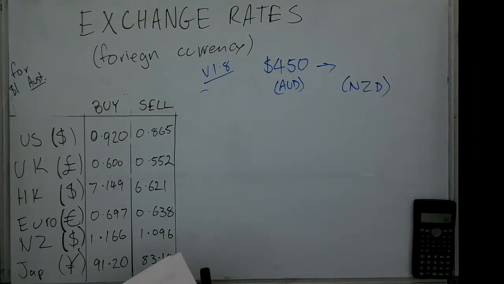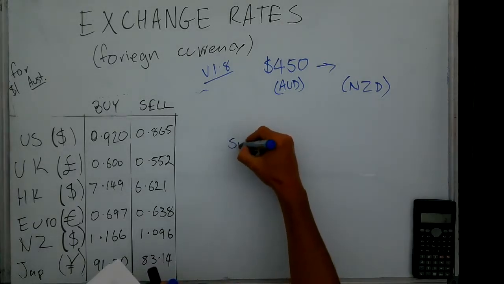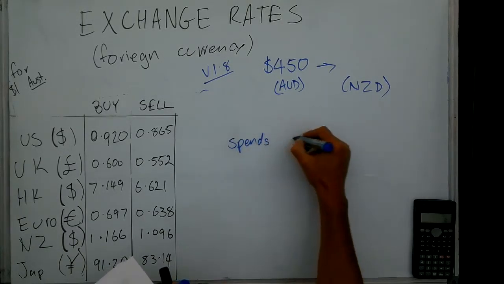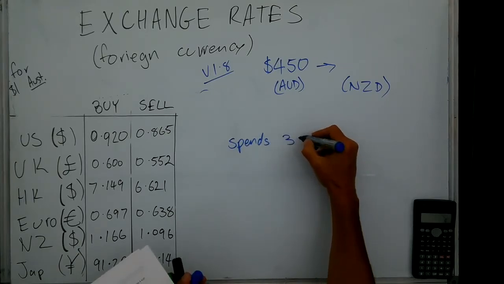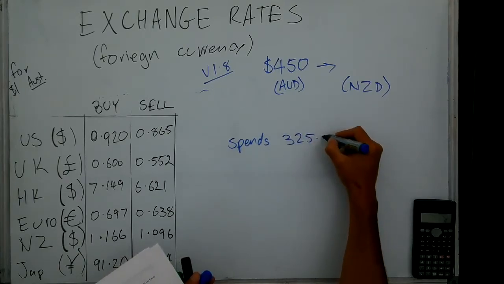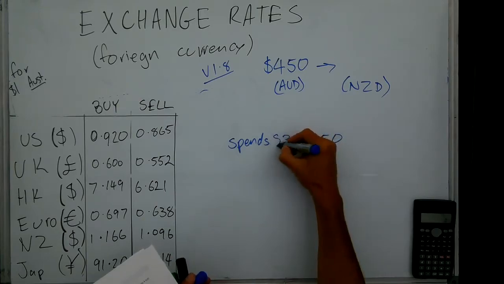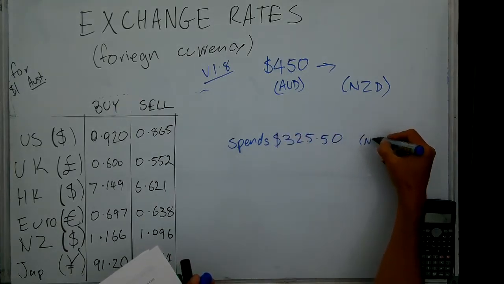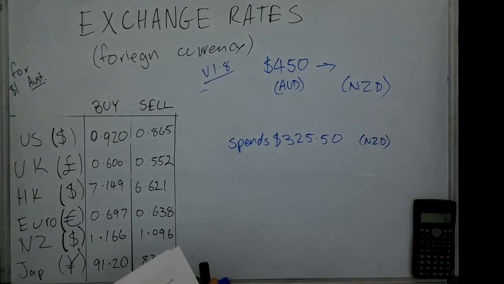We don't know what that is yet. While on holiday, she spends $325.50 in cash, 3, 2, 5, 50, and that's New Zealand dollars. Don't get confused. The remainder she changes back into Australian currency upon her return. How much does she arrive home with?